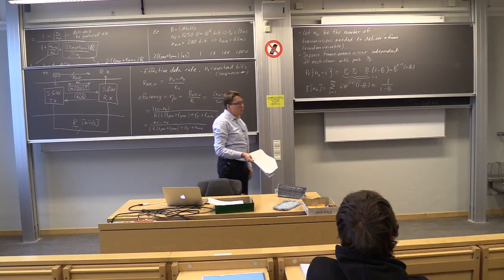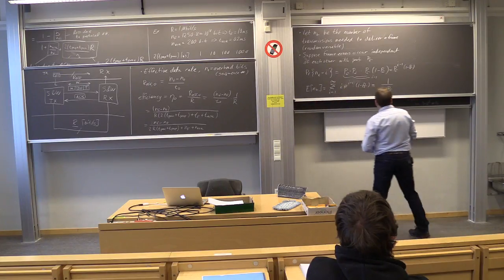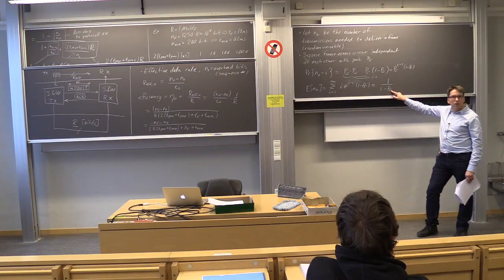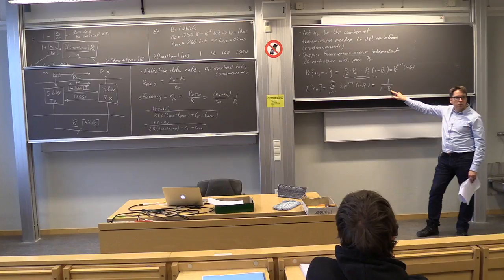Okay. Sanity check. If the probability for failure is 0, we need 1 transmission. If the probability for failure is very large, close to 1, we need many transmissions. So at least it scales in the right direction. Right?